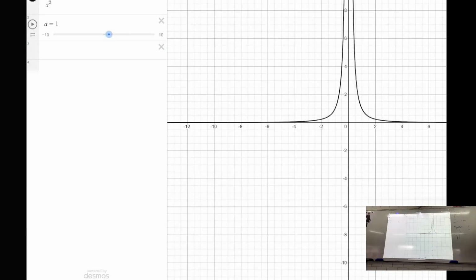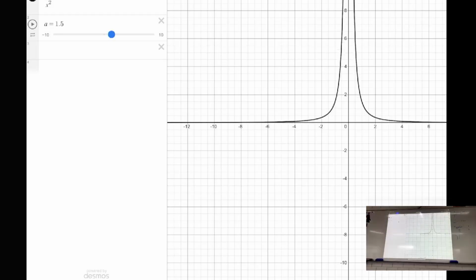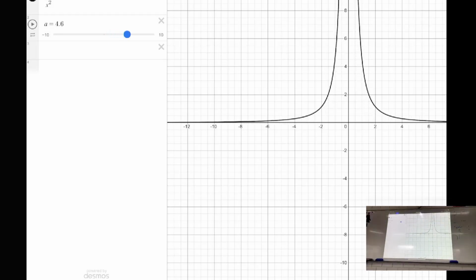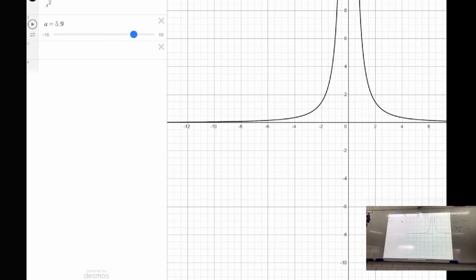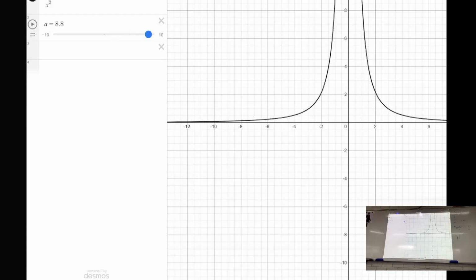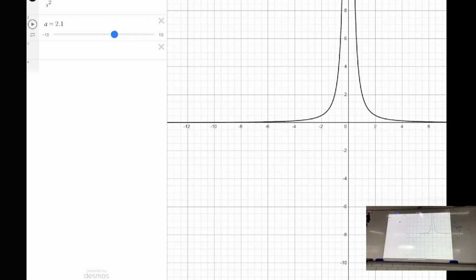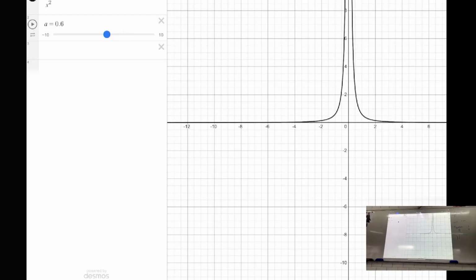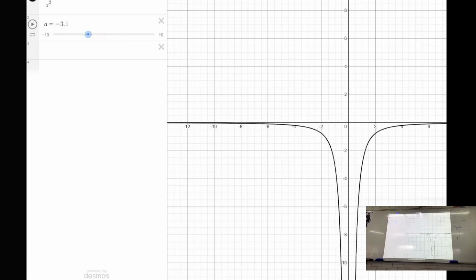So this is my truncus. Now, notice that as I increase that value of a, the truncus moves away from the center. But as I decrease this number and I make the a value negative, look what's going to happen. Where do I see the graph now? In which quadrants? 3 and 4. So this is super important.